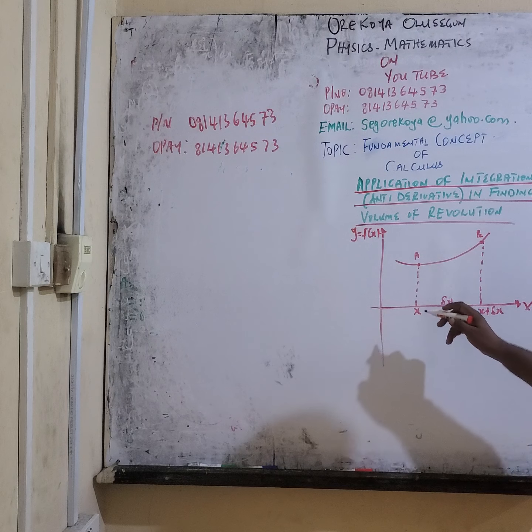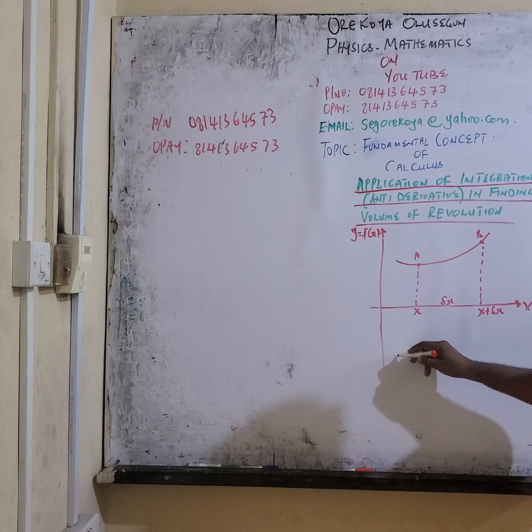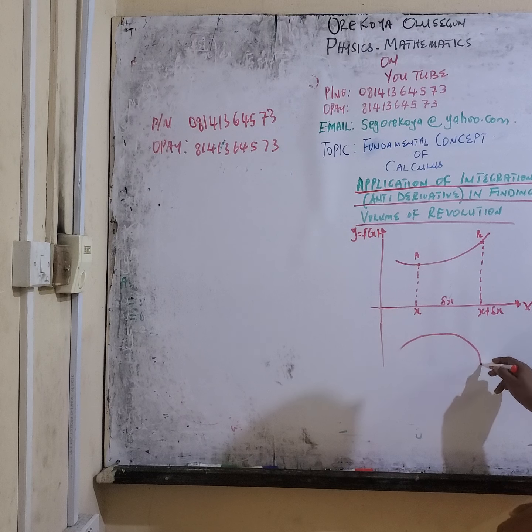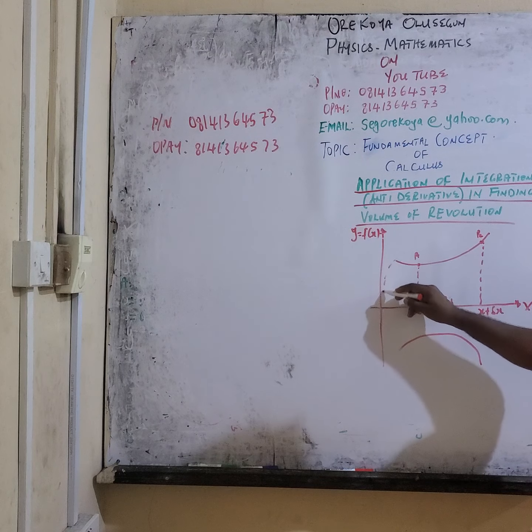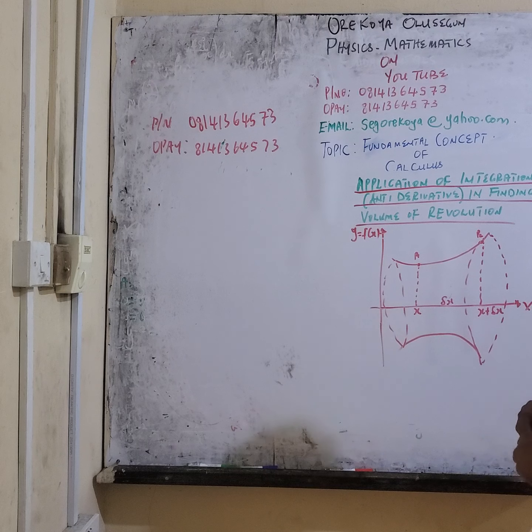If I move it 360 degrees about the x-axis, I'm going to have this particular shape that has the volume called the volume of revolution. The curve will turn this way, and I will have something like this. Now this is the solid of revolution, and we want to find its volume.